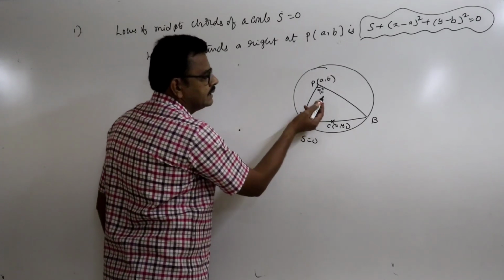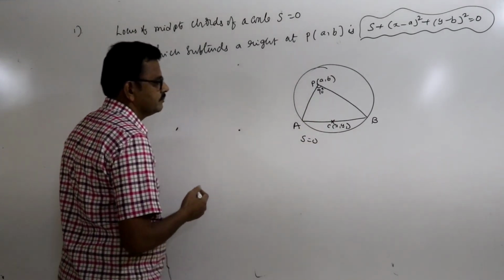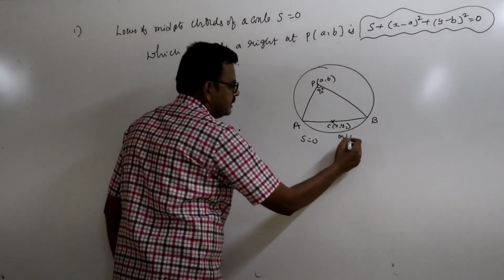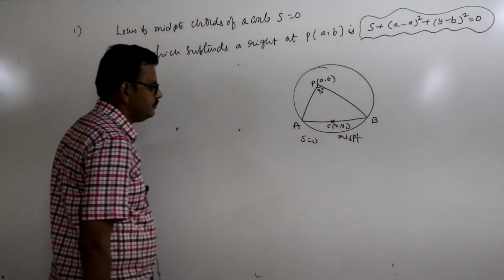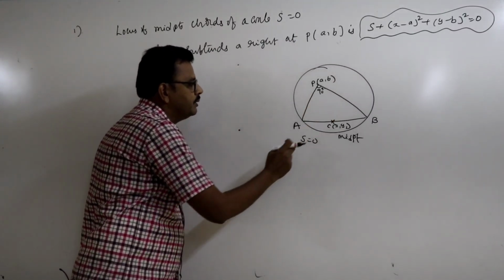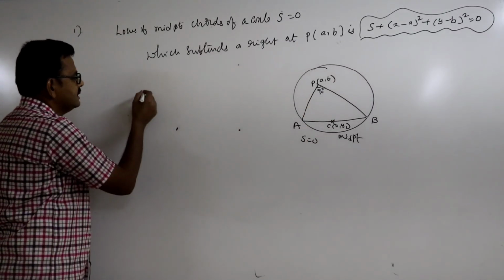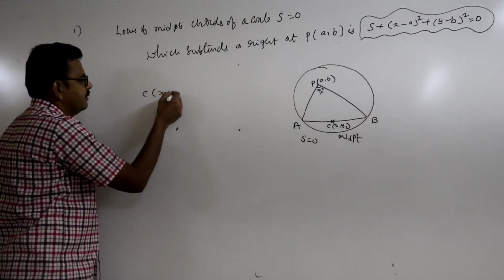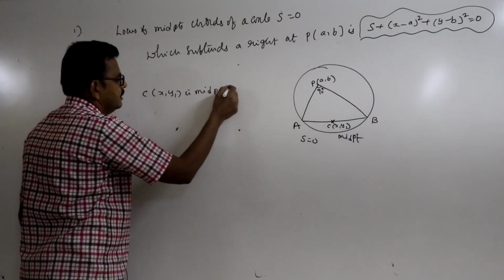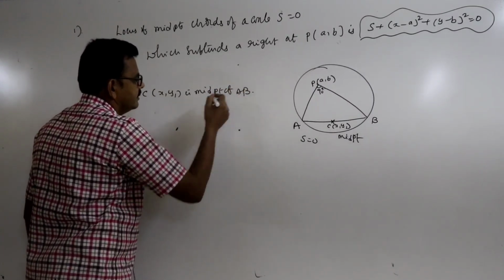Since the triangle is a right angle triangle, what is C? C is the midpoint. The circumcenter of a right angle triangle is the midpoint of the hypotenuse. Here C, x1, y1 is the midpoint of AB.